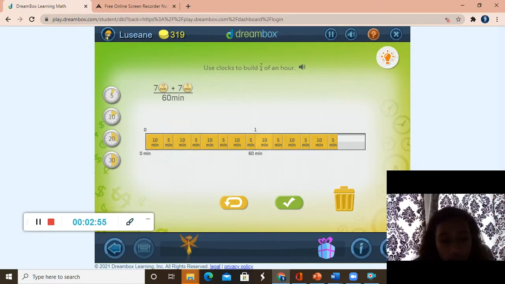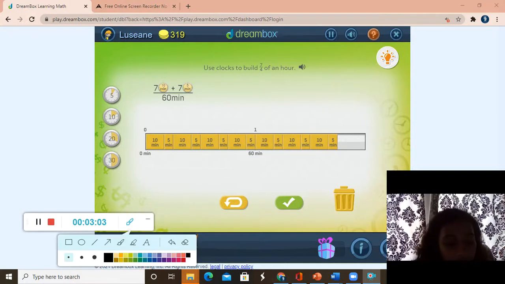So we can either add all these up, or we can do the multiplication problem. There's really many ways we can figure this out, but I'm just going to do the multiplication problem, which is 15 times 7. And a way you can break this up that's simpler is 7 times 10, which is 70, plus 7 times 5, which equals 35.